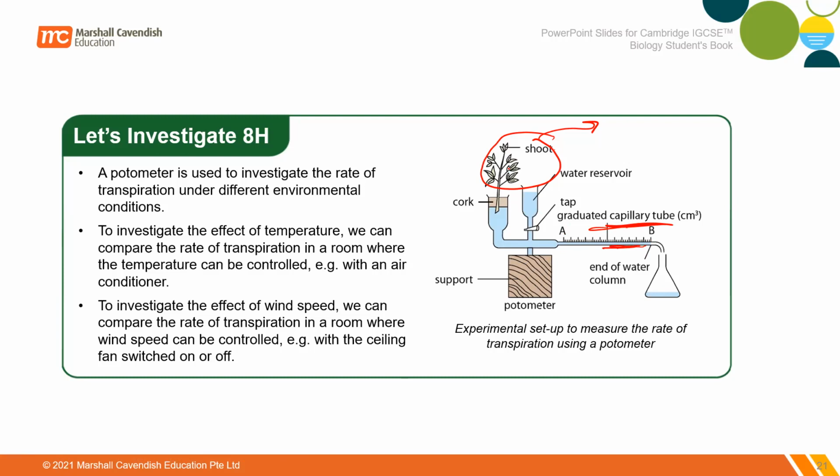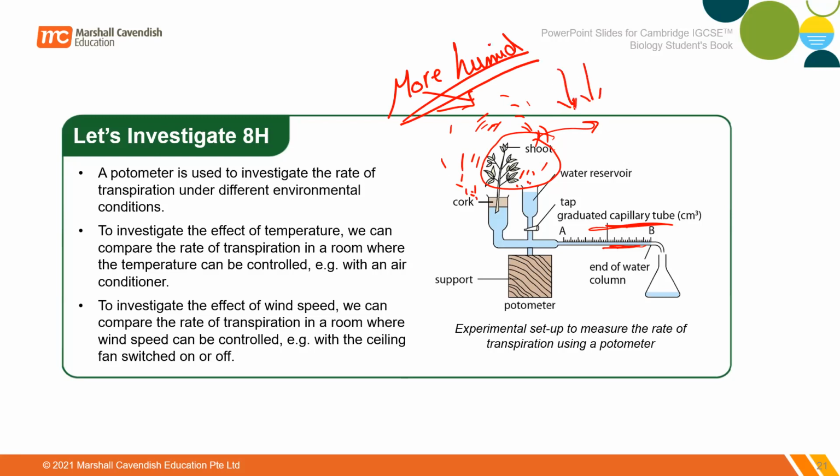The second factor is the wind speed. As wind speed increases, rate of transpiration increases as well. The third factor is humidity. Humidity means the amount of water around the plant, around the shoot part. If we have more humid atmospheric air, this means that less water will be lost by transpiration.